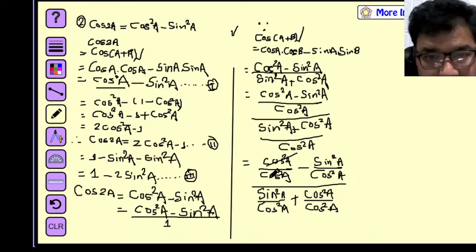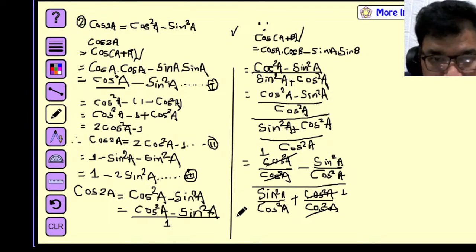This cos square cancels and here will come 1, and here also cos square cancels, here will come 1. Then sine square by cos square is tan square, okay?